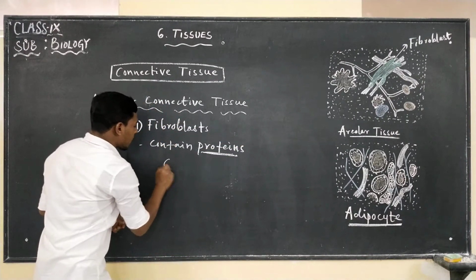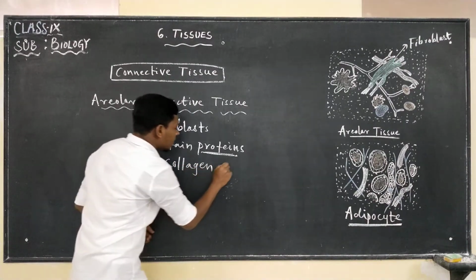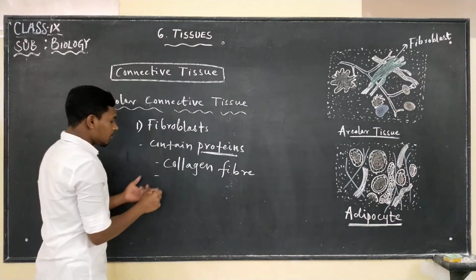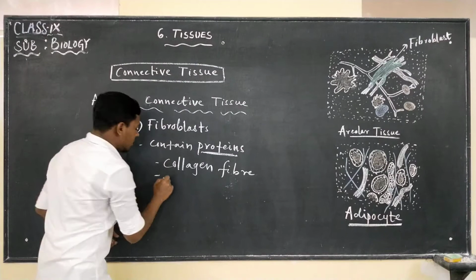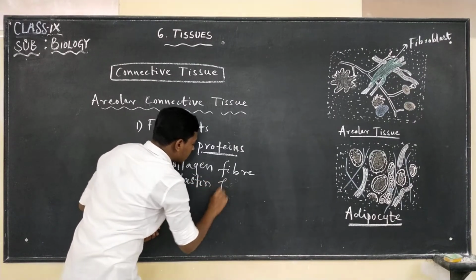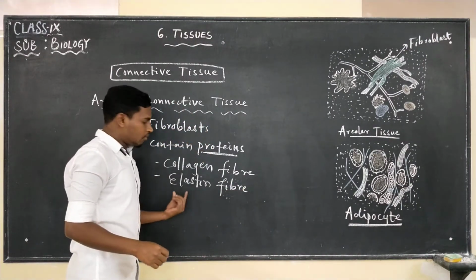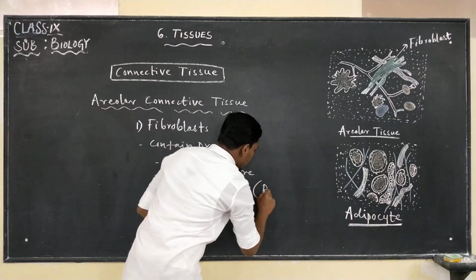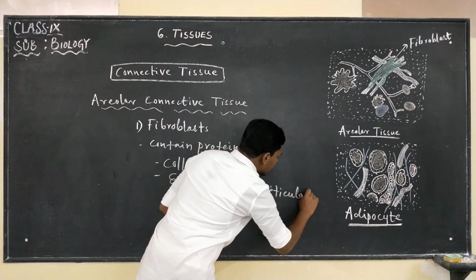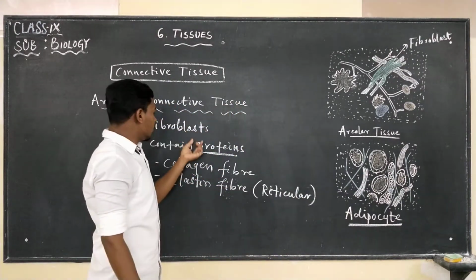They are collagen fiber protein and elastin fiber protein. Another name for elastin is reticular. So these are the two proteins produced by fibroblast.